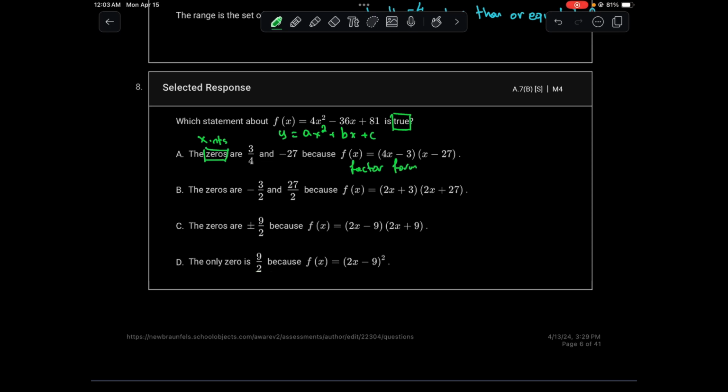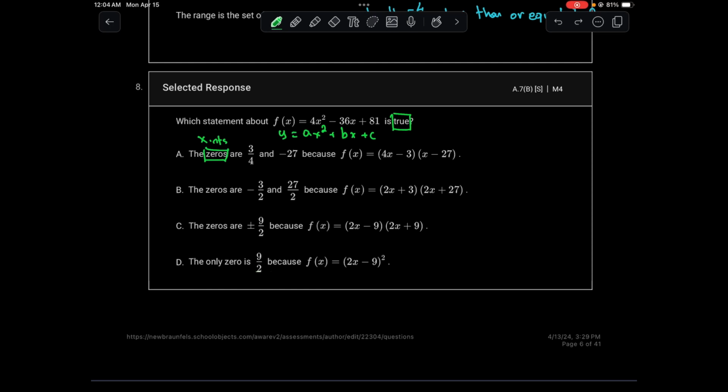One of the factor forms, it's not the first factor form we do, but we see it has two factors, one factor times another factor. And usually each factor reveals the zero or the x-intercept, so the factor form is very closely related to the zeros.